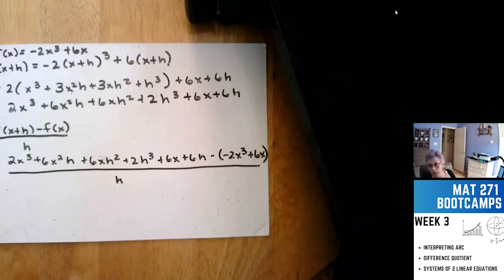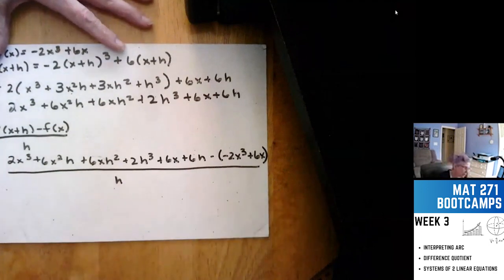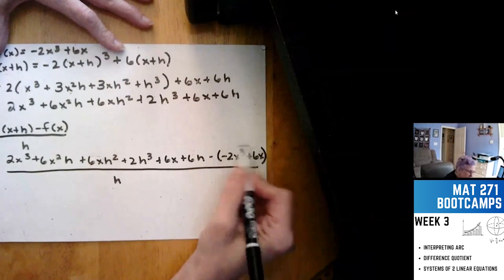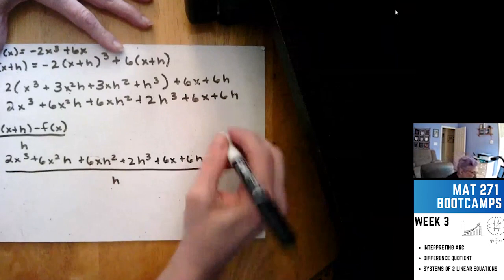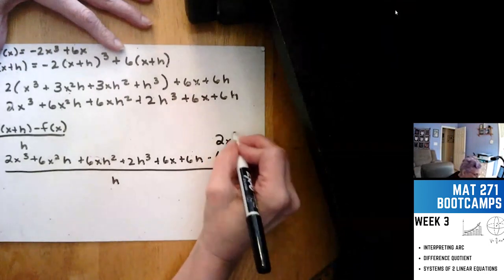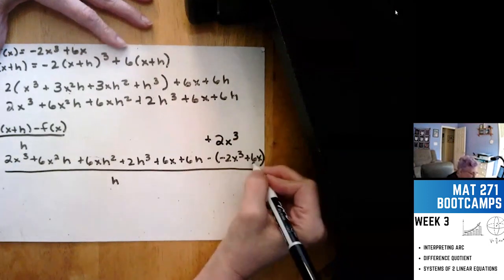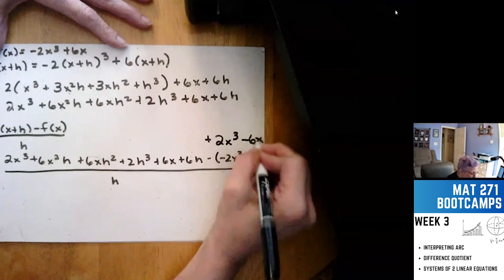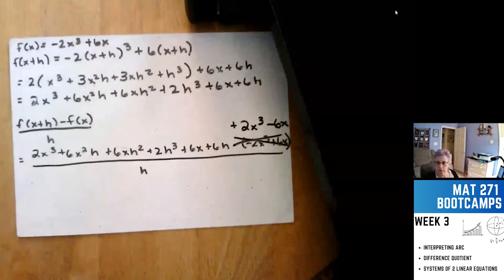Now, I am going to be lazy this time because I just wrote all that big long thing out there. Everybody inside this little set of parentheses gets a brand new sign. So instead of minus 2x cubed, I have plus 2x cubed. Instead of plus 6x, I have minus 6x. So I just replaced that rather than having to write it all over again because I get tired.